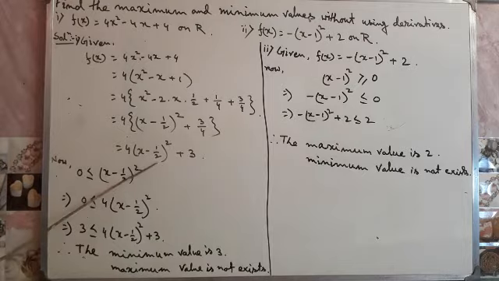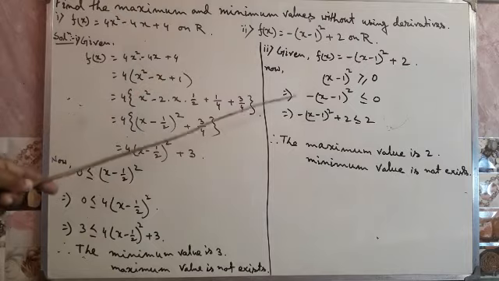Now this x minus 1 by 2 whole square is always greater than or equal to 0. So multiplying by 4 both sides, 4 into x minus 1 by 2 whole square is greater than or equal to 0. Now adding 3 both sides, we get this expression greater than or equal to 3. That means the function f of x is greater than or equal to 3. That means the minimum value is 3, but there is no upper bound, that is there is no maximum value.